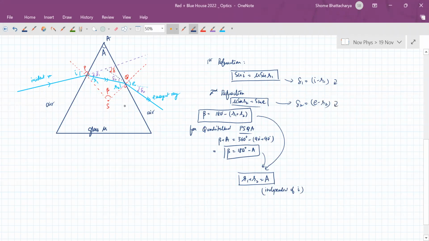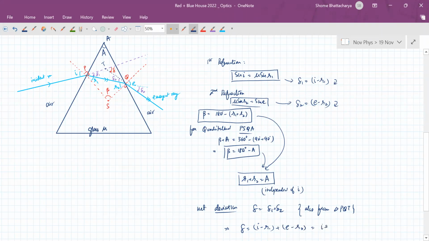That is why the net deviation is delta 1 plus delta 2. Also, from the triangle, if you name the point where they meet T, you can see that the exterior angle is the sum of the interior opposite angles. So we get the formula for the net deviation as (I minus R1) plus (E minus R2).